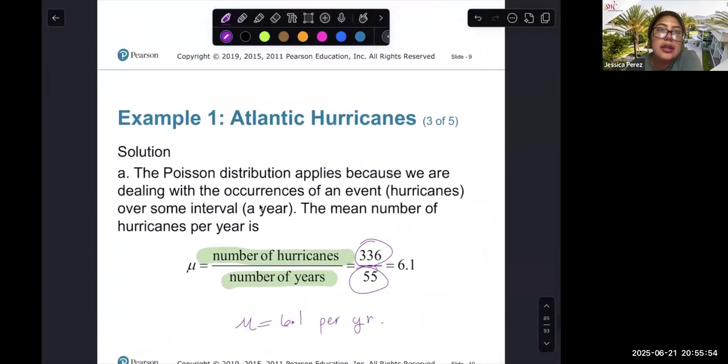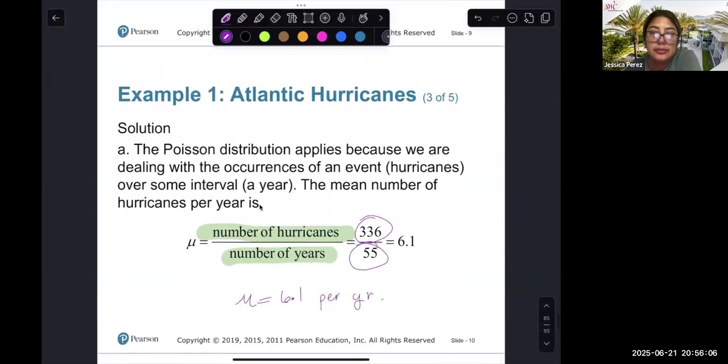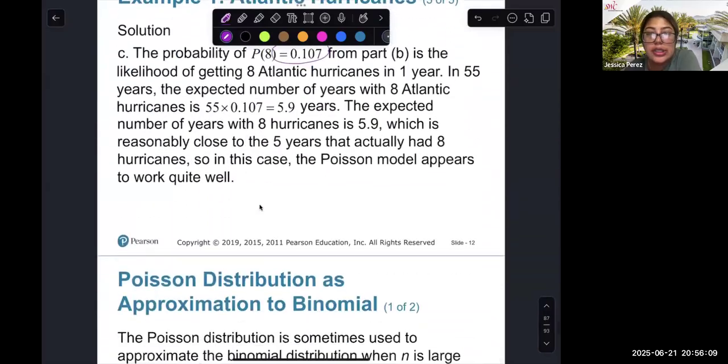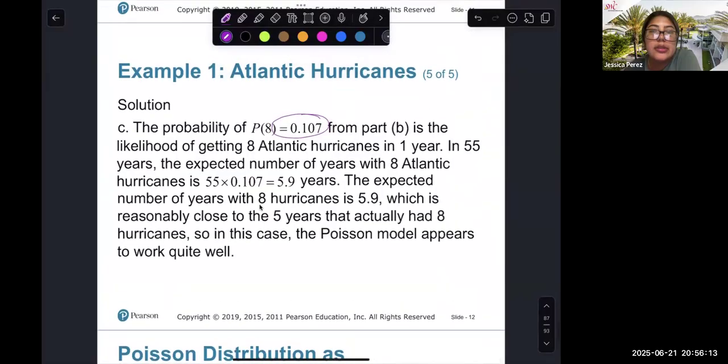Now, part C is saying, in this 55-year period, there were actually 5 years with 8 Atlantic hurricanes. How does this actual result compare to the probability found in part B? So actually, it was 5 and 8. What can we say about this? Well, it's saying once we find the probability of 8 from part B, it is the likelihood of getting 8 Atlantic hurricanes in 1 year out of 55 years.